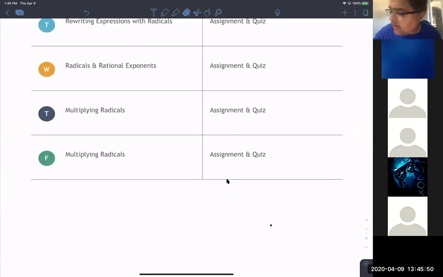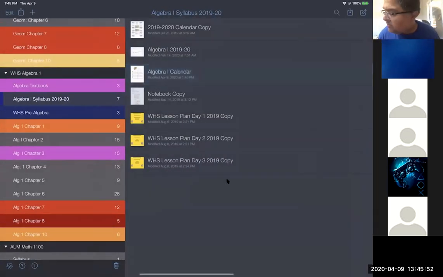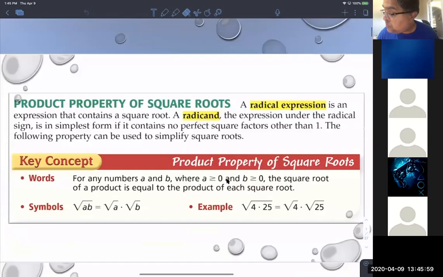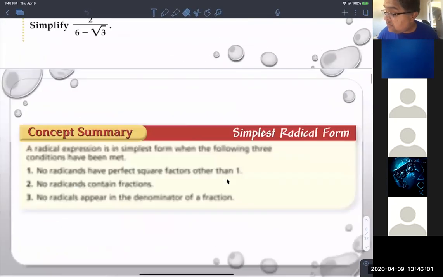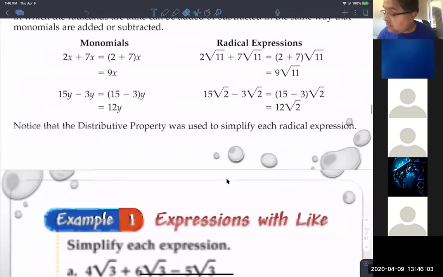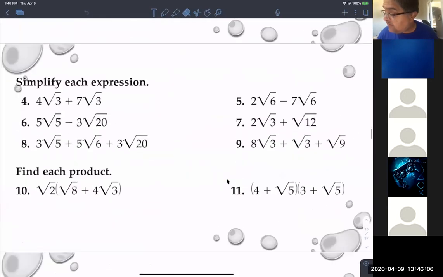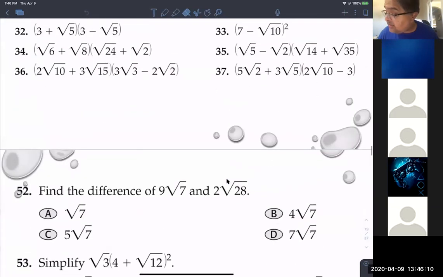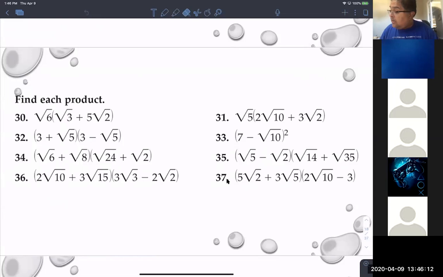So let's start off by doing a couple of multiplication problems, and let's go over some stuff that we did yesterday as well. Let's have you guys multiply numbers 34 and 36.